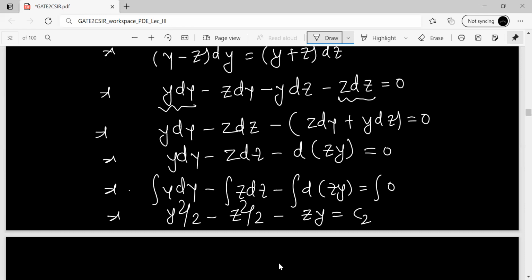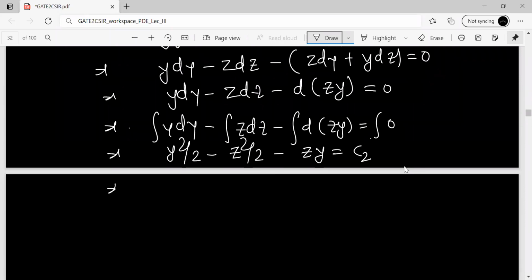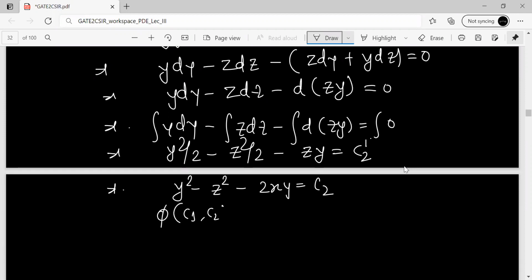All right. So now, because there is no 2, instead of searching for it, I'll just make it 2xy equal to c2 dash, and then if I take this 2 c2 dash, I'll call it c2 now. So you can play with constants. There is no hard and fast rule for this. Now phi of c1 comma c2 is 0.